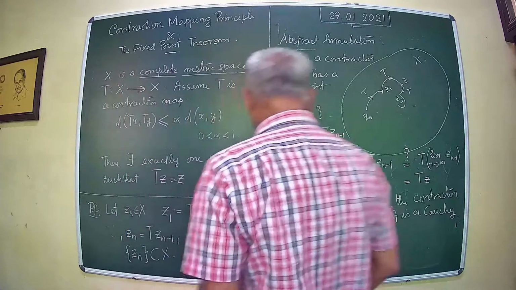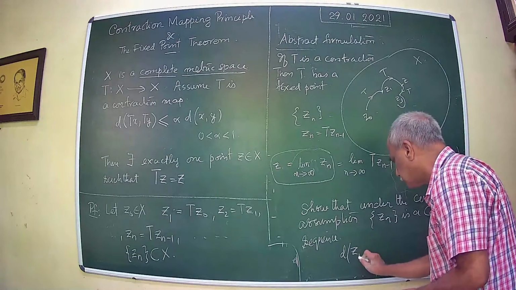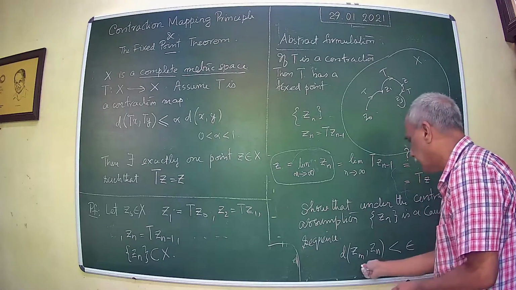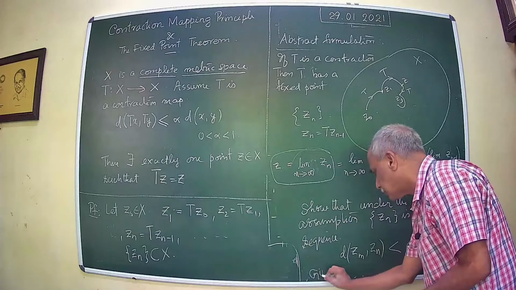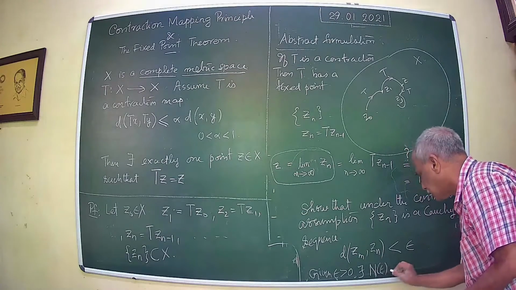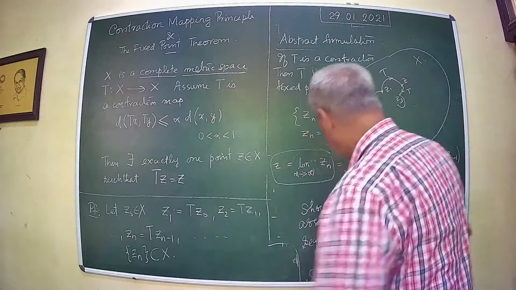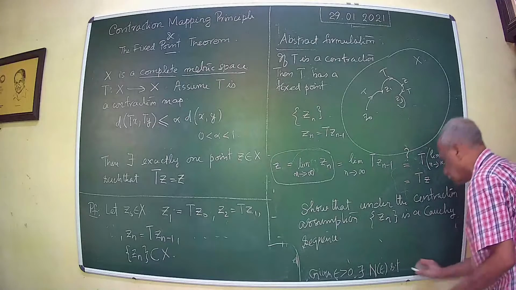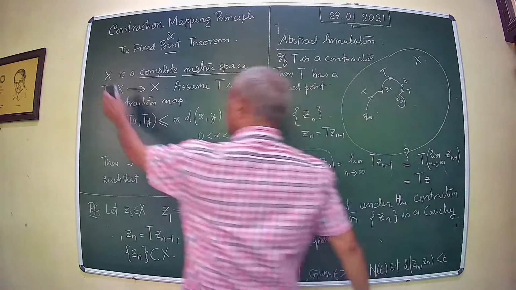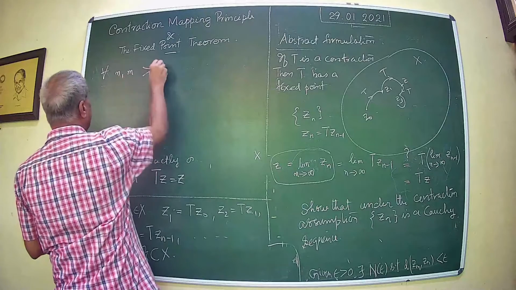Now what you want to say is this. Given epsilon, there exists an n which depends on epsilon such that d of Zm, Zn is less than epsilon for every n, m greater than n.